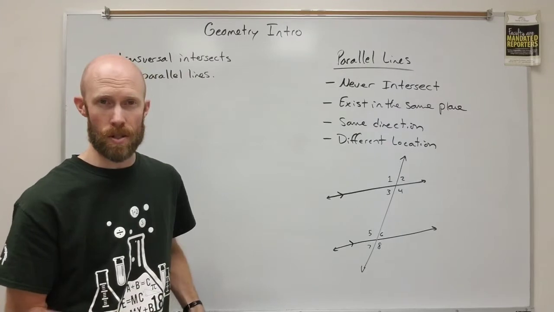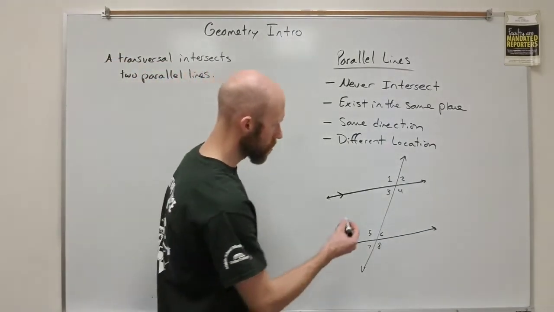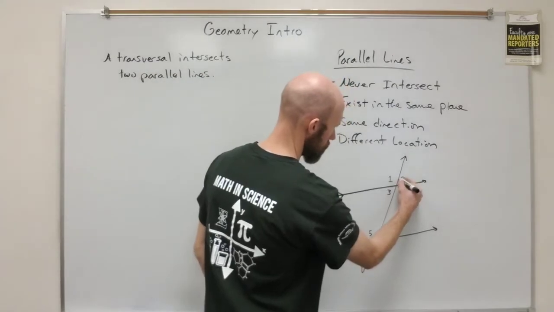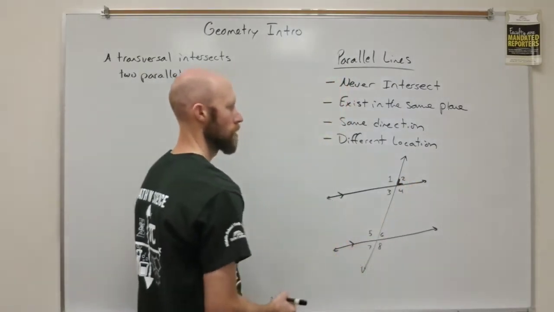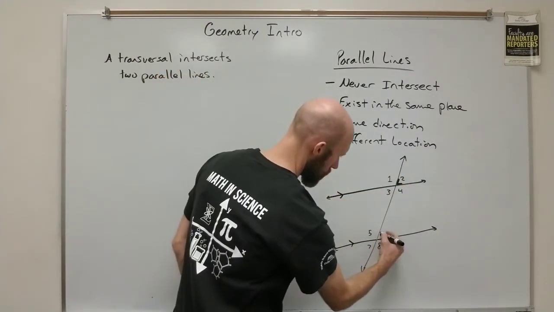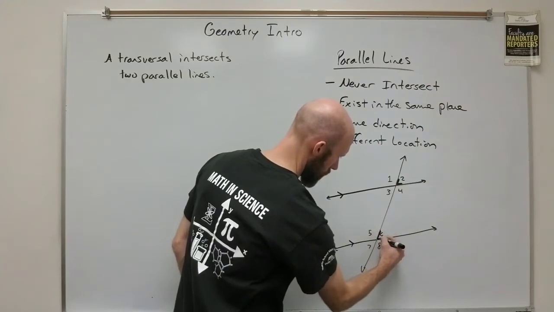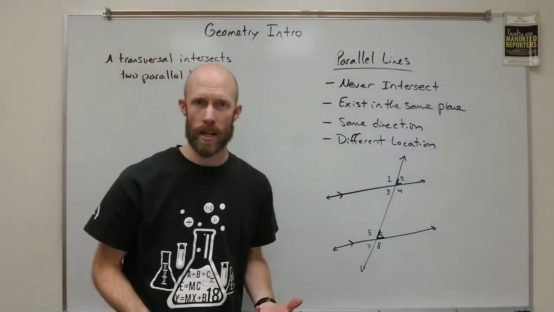What's also very interesting is that the angle formed, let's say right here, angle 2, this angle formed by the transversal with the first line is equal to the angle formed here at 6 with the transversal in the second line. The angle doesn't change, okay?